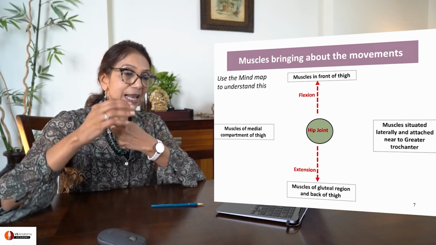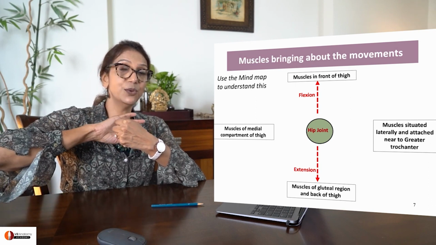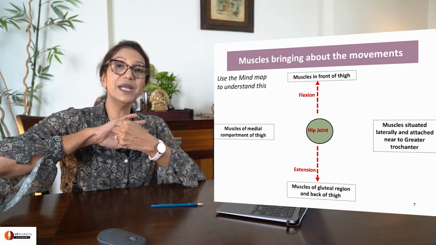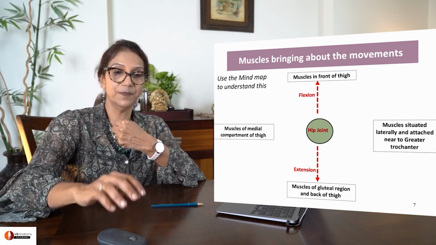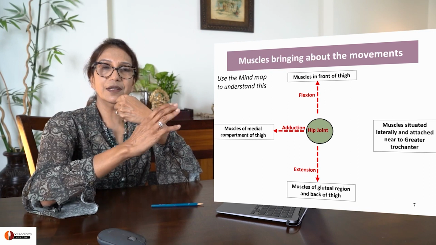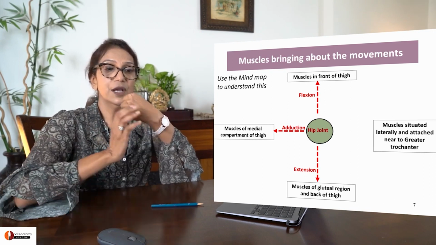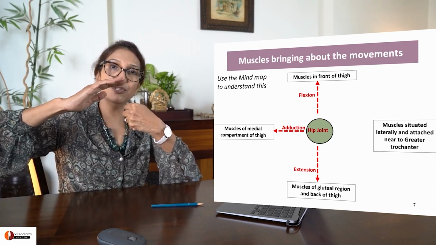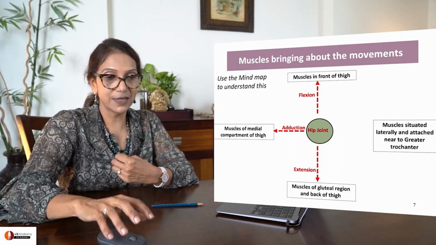The muscles lying behind the joint, remember gluteus maximus, will be extensors of the hip joint. All the muscles which lie medial to my joint will be adductors. All the muscles which lie lateral and superior will be abductors.